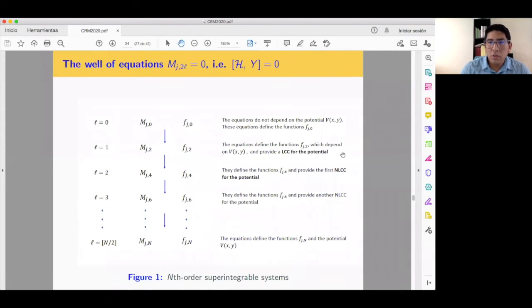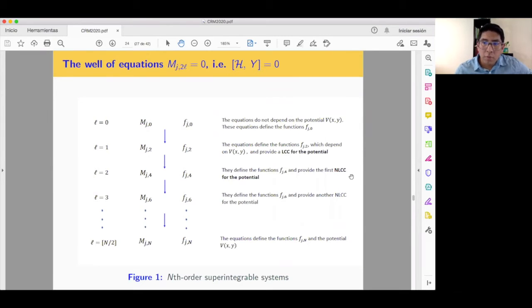Here for doubly exotic, what we found is that we can always find a subset of parameters in the integral in such a way that this linear compatibility condition is identically 0. So we can still say that the potential is free, but then it will be fixed by the next level of the well of equations. The main difference is that the next level of equations will involve not only the potential, but nonlinear compatibility conditions, equations for the potential.